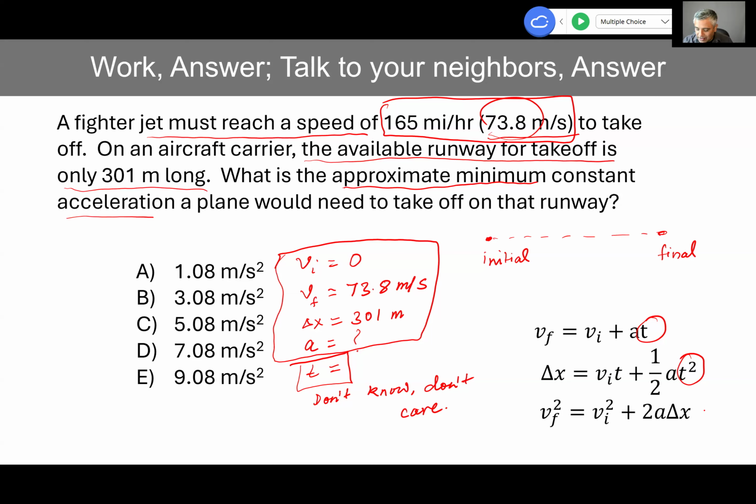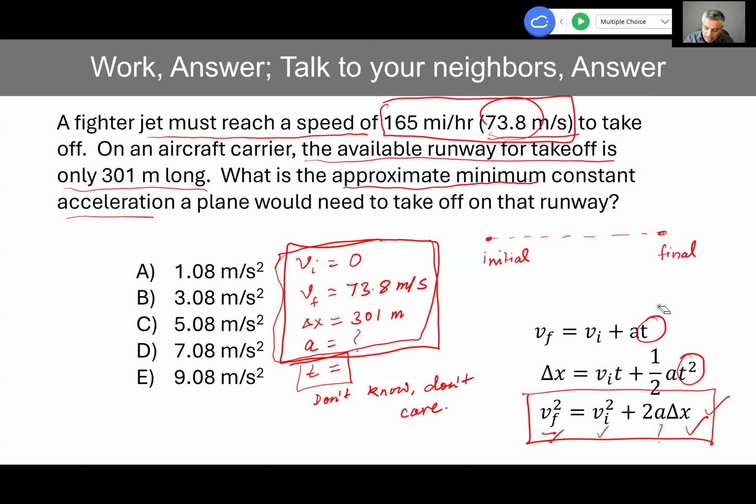Now let's look at this one here. Final, yes, we know, checks out. Initial, checks out. Acceleration, that's what we want. And displacement, we know. So all four are in this equation. That's why this is the equation to use, okay? So I start by copying this equation.